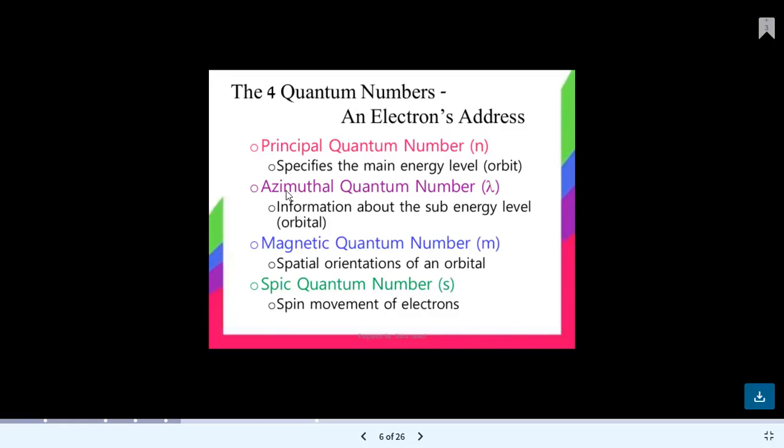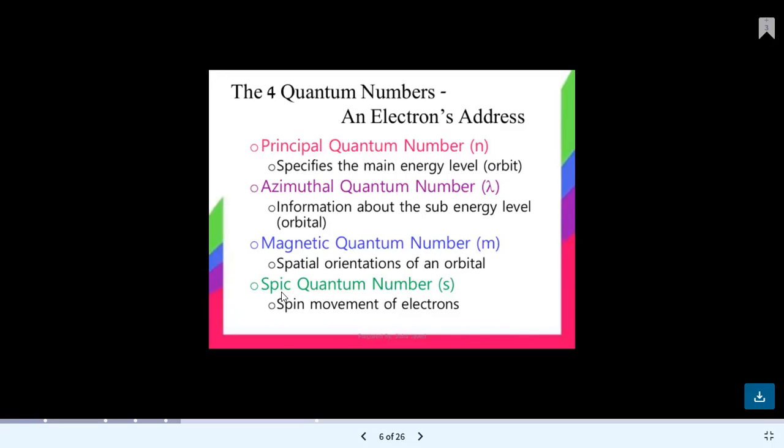Then we have the azimuthal quantum number, which is represented with the letter L. This is lambda in Greek, but it's L in our alphabet, L for lion. It shows information about the sub-level, okay? And the magnetic quantum number, represented by the letter M, represents the orbital.